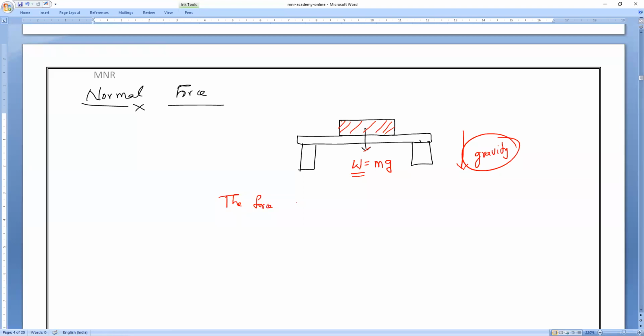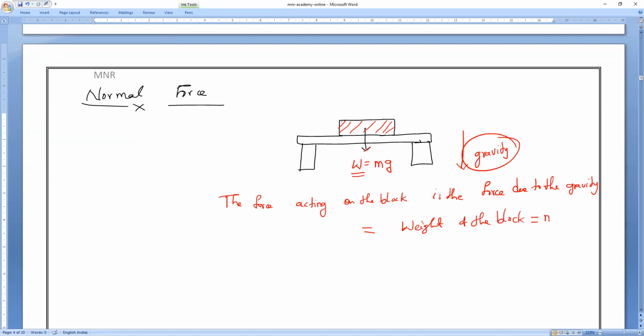We all know that the force acting on the block is the force due to gravity, which is equal to the weight of the block, which is mass into acceleration due to gravity. So that is mg. Is it okay, guys?